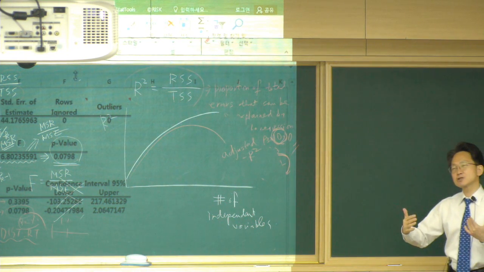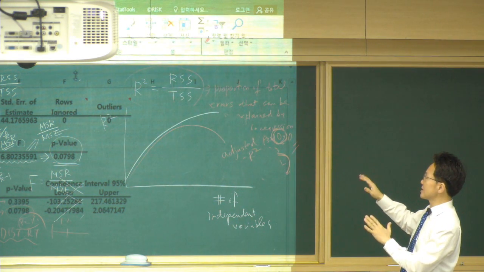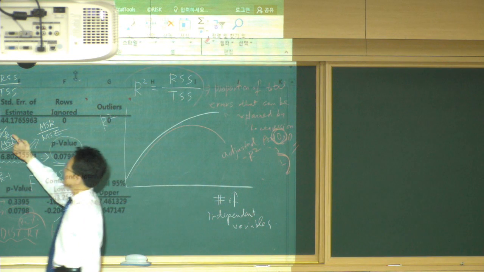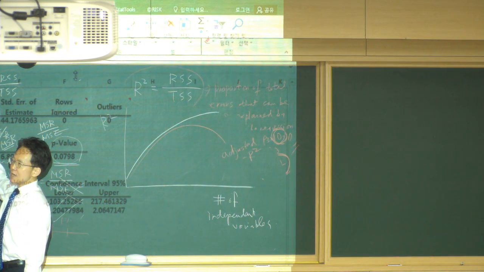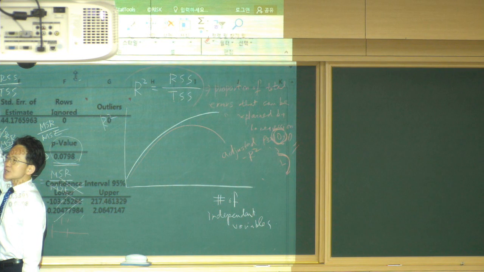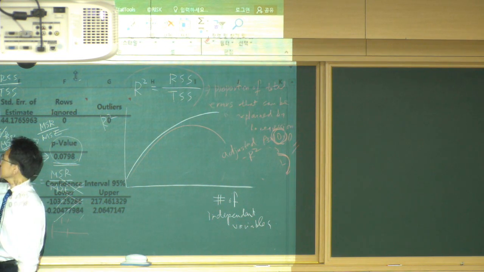As you increase the number of independent variables, although the R squared itself never goes down, the adjusted R squared, meaning the R squared adjusted by some form of degrees of freedom, behaves differently.